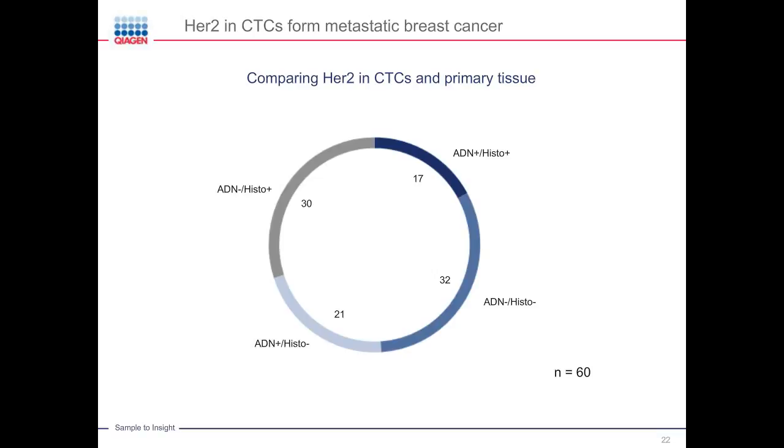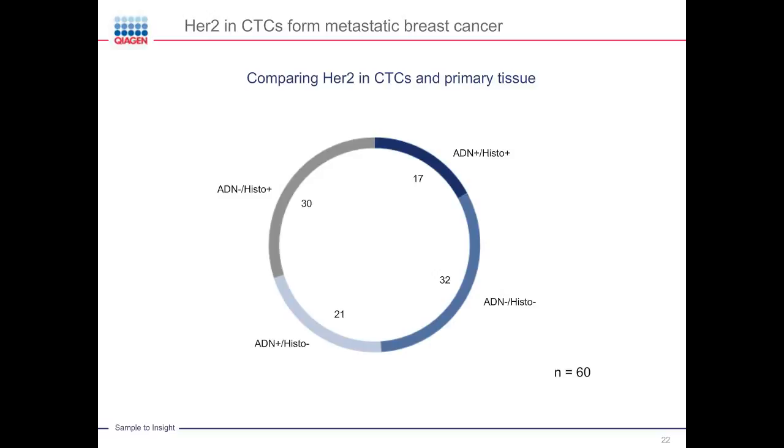If we stain the tissue for HER2 and compare it to the corresponding CTCs and their HER2 overexpression profile, we find 50% of the samples are comparable, and another 50% are different. Roughly 30% of the CTCs in that study were negative for HER2, whereas the histology in the tissue was positive. But more interestingly, you had 21% HER2 positive CTCs, whereas the histology of the tissue was negative.